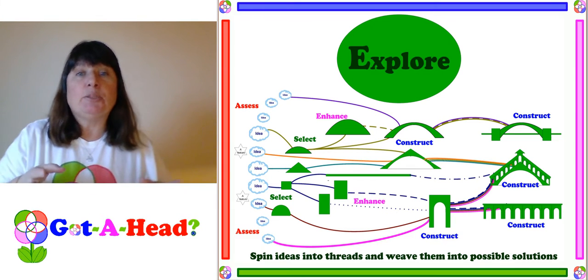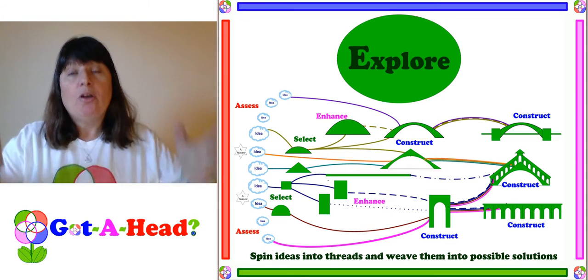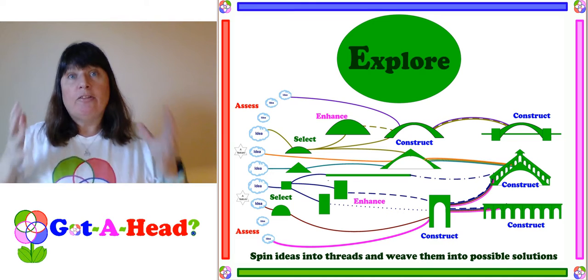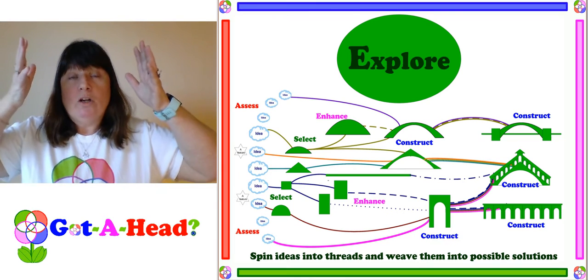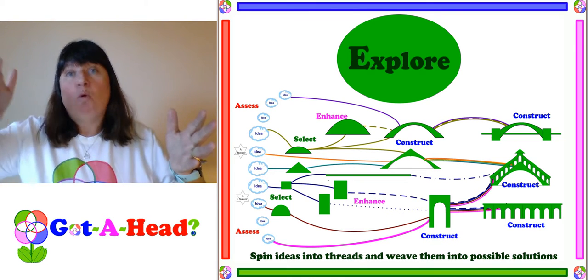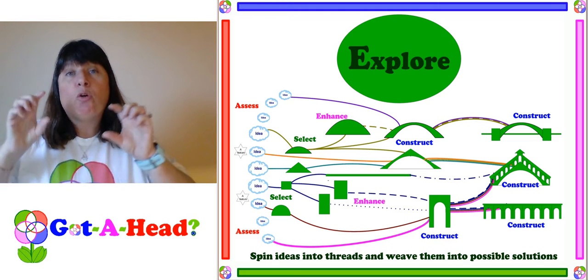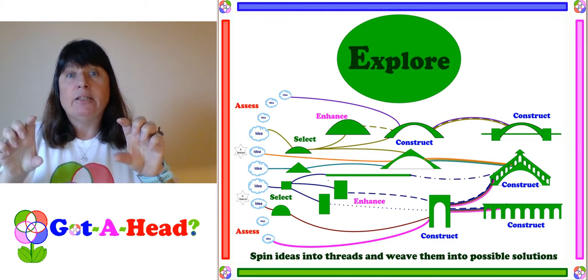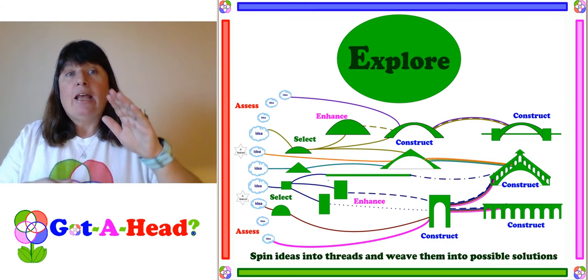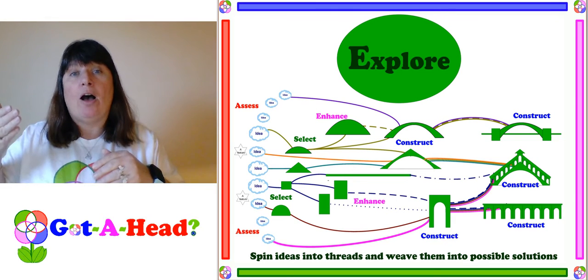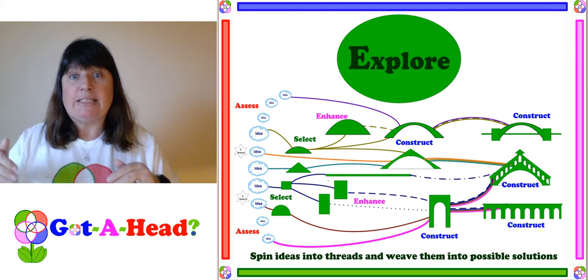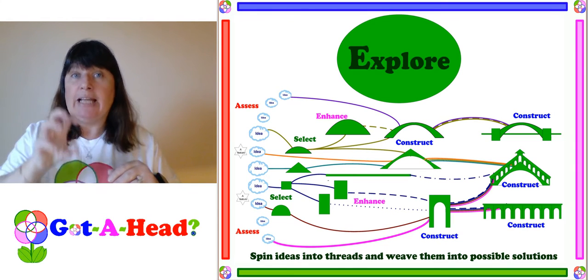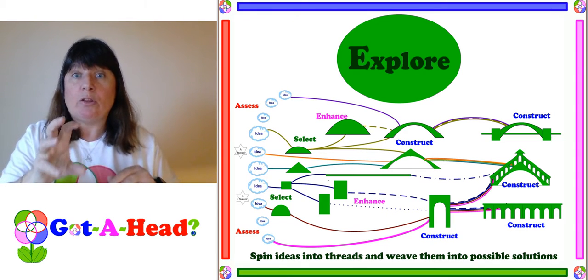When you're doing Explore for yourself, think back to your question. Think back about what you need to have, what you do not need, and what the qualifiers are, those things that you need to consider for your idea. So you take the ideas that you're going to assess, and you select things that you think will already work the way they are.